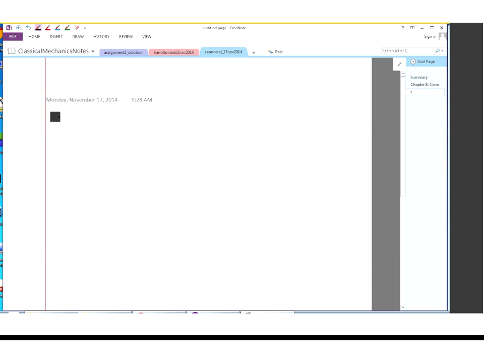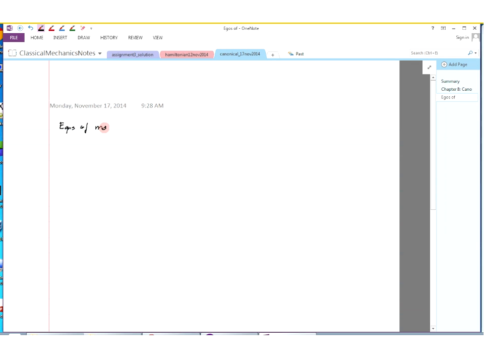So the equations of motion will be unchanged if the action is unchanged. Remember the action is the definite integral of the Lagrangian, with a dt there.